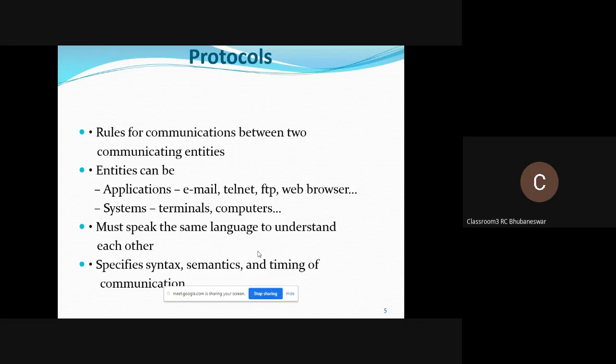So for any communication, we always need protocols. And no doubt, two devices that communicate must speak the same language. They have to talk in the same language. So we have to maintain the syntax, the semantics, and the timing of the communication.